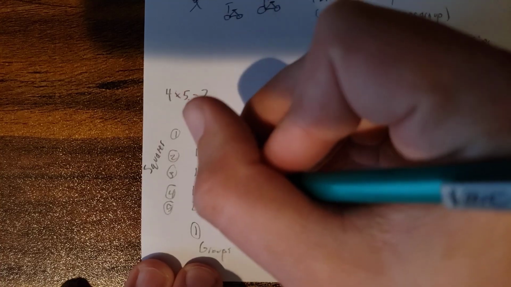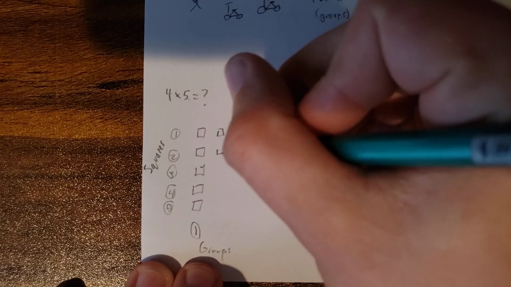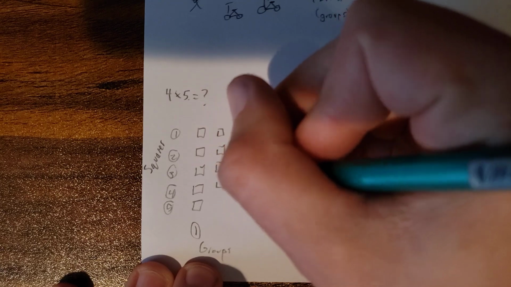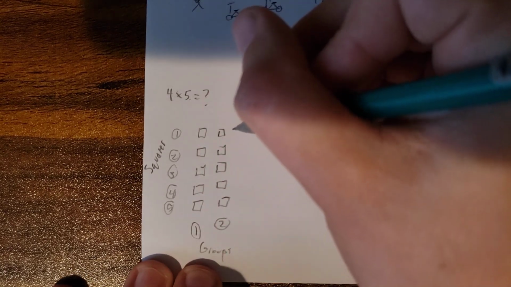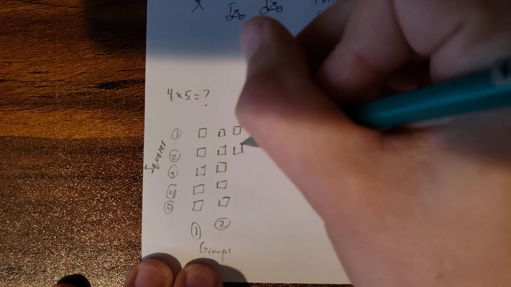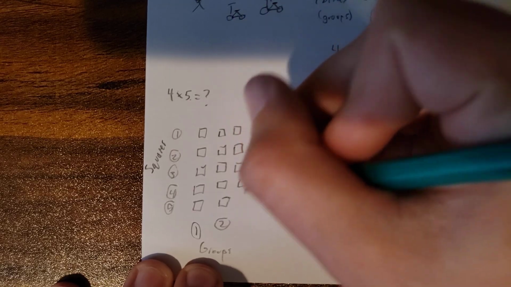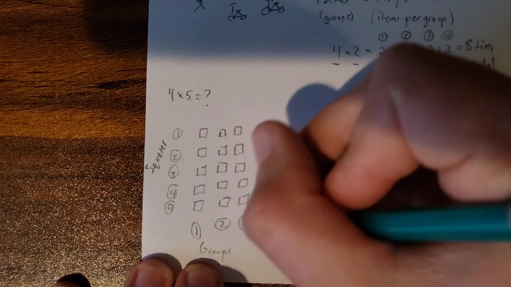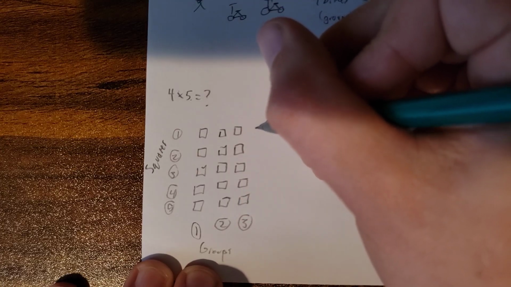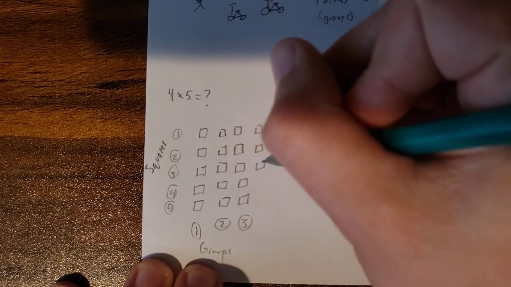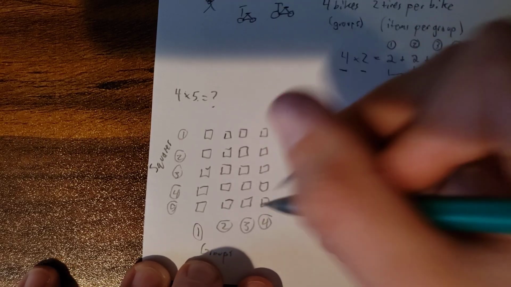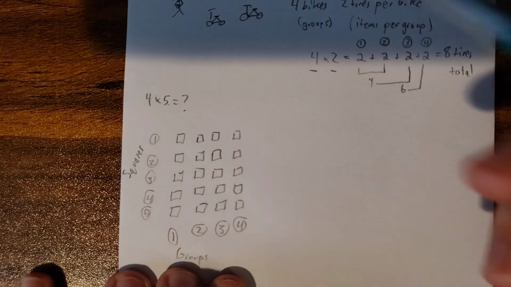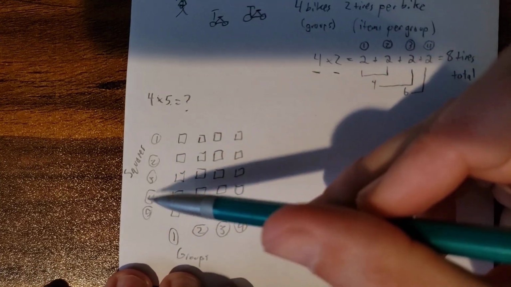Groups on the bottom. We have 1, 2, 3, 4, 5. Then we have another 1, 2, 3, 4, 5 in our second group. Then 1, 2, 3, 4, 5 in our third group. And finally 1, 2, 3, 4, 5 in our fourth group. So we have 4 groups of 5.